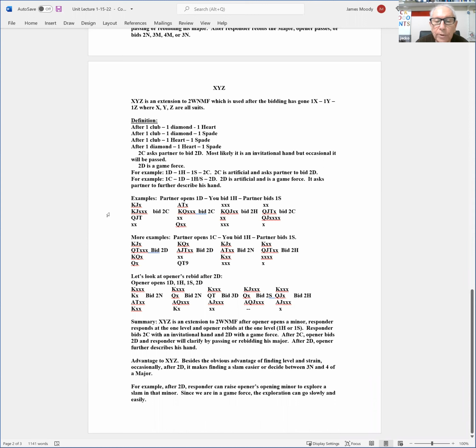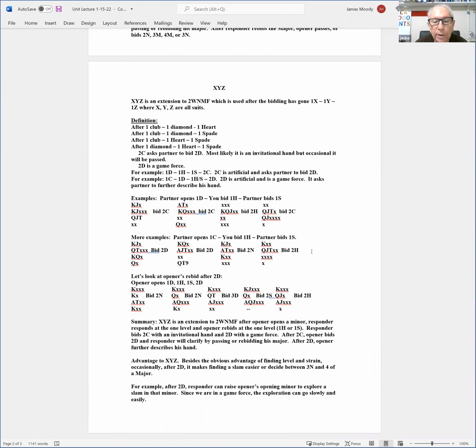Again, game force. We bid 2 diamonds. Again, we don't have a game force now. We have an 11 count, so we can bid 2 no trump. Some people with this hand would bid 2 clubs, let partner bid 2 diamonds, and then bid 2 no trump, but I don't see any point in that. And then finally, an example of you just bid 2 hearts because you don't really want to play it.